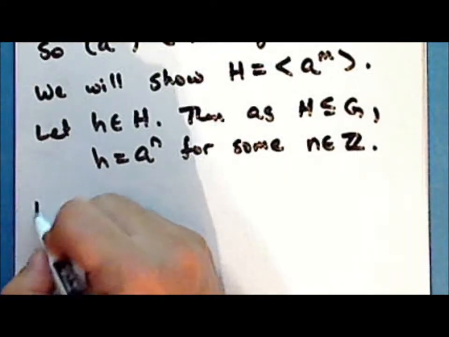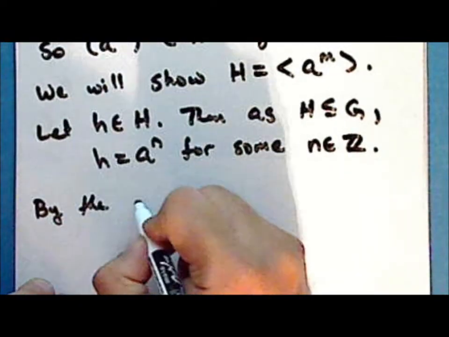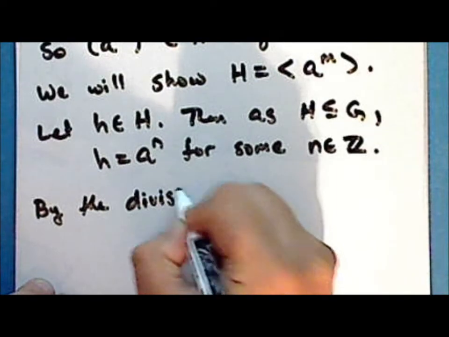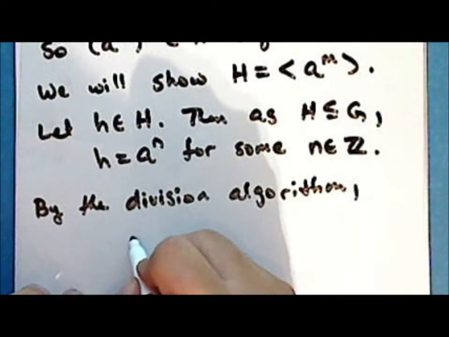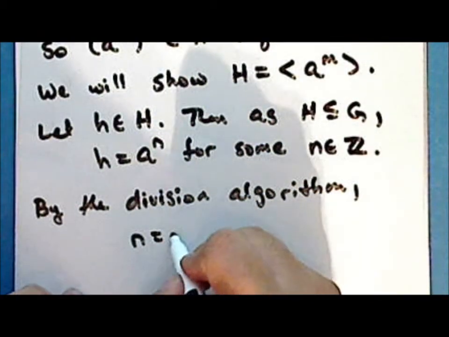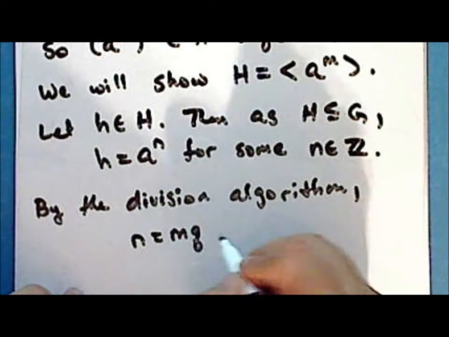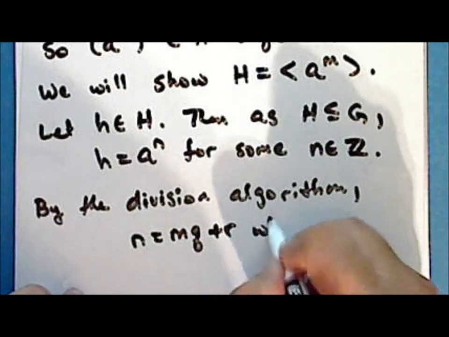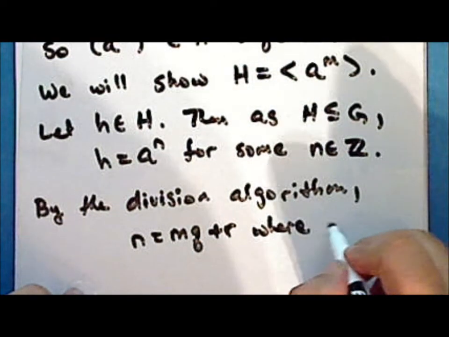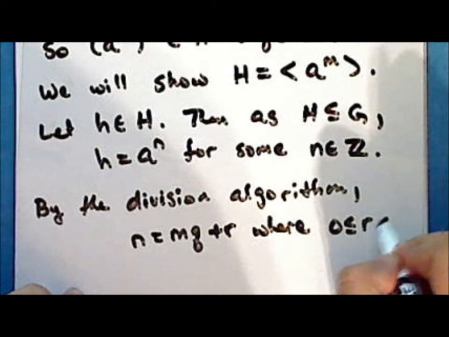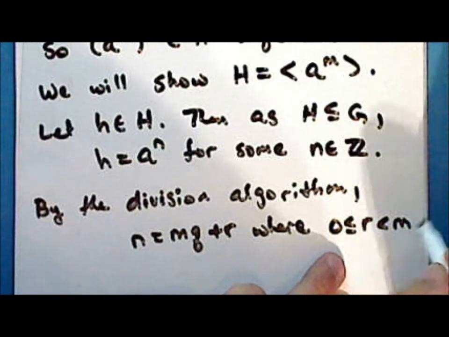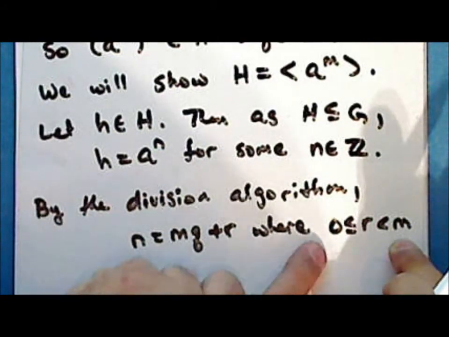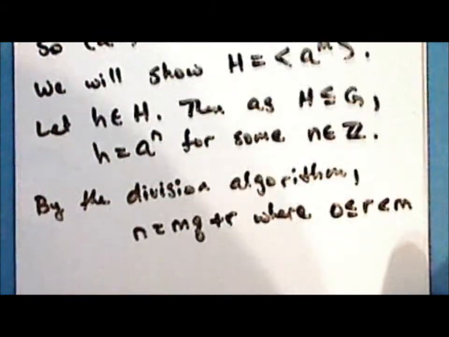Now, by the division algorithm, n is equal to m times some integer q plus r, where r is a non-negative integer that is strictly less than m and possibly equal to 0.